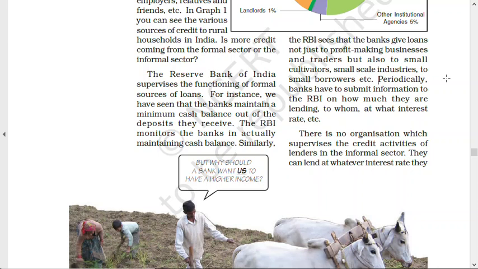So if they are not there in the market, these big companies will also not be able to survive, right? So these are called ancillary units. They also need loans from the banks. So banks have to give loans to everybody, and RBI makes sure that everybody gets a loan, provided you have your business plan, your setup, and all these things.